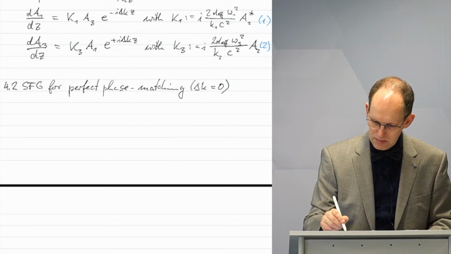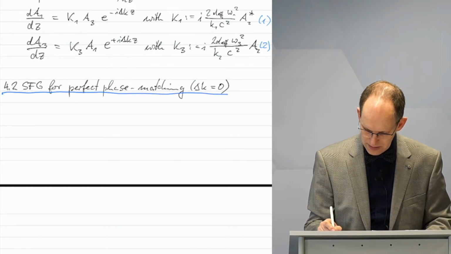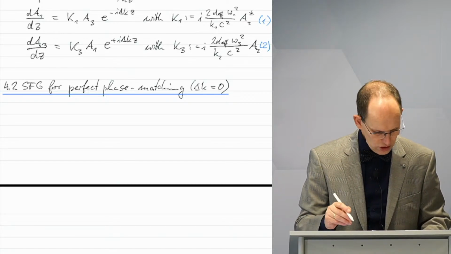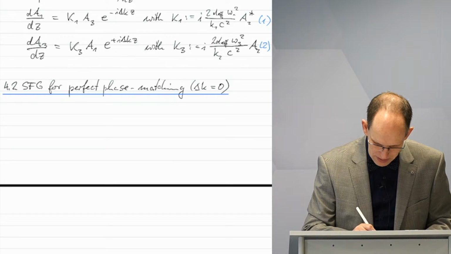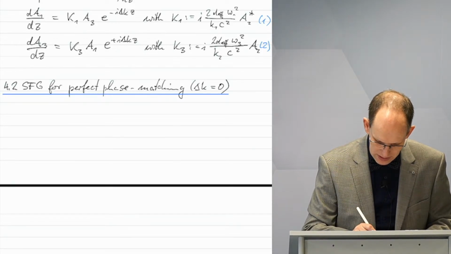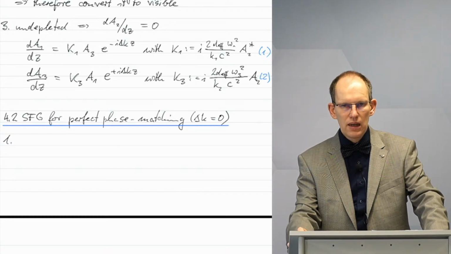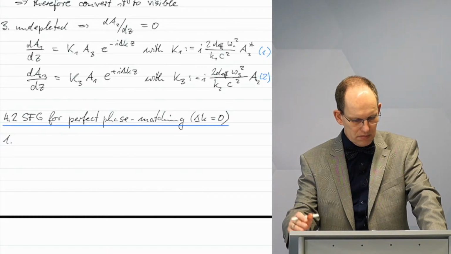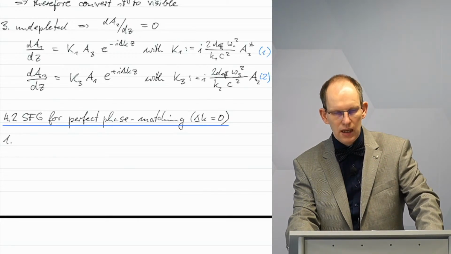And this makes these equations, of course, again a little bit simpler, and its solution actually much simpler. So we start right away by, so we want to eliminate, say, A1 or A3 from these equations.